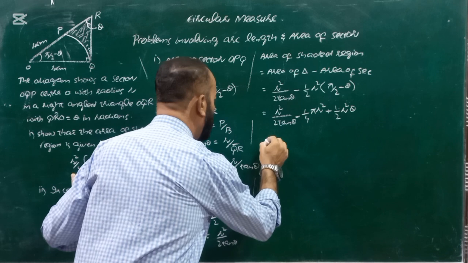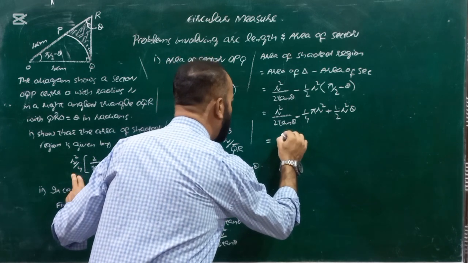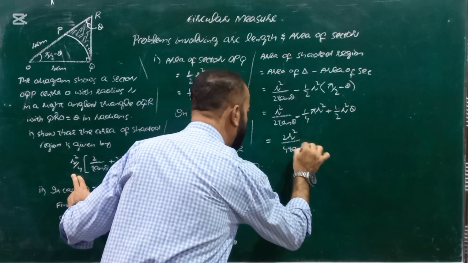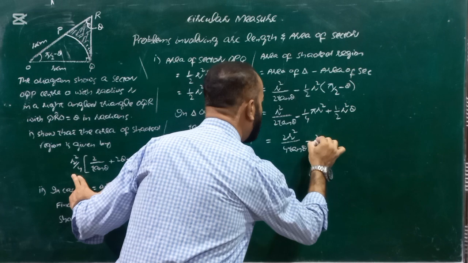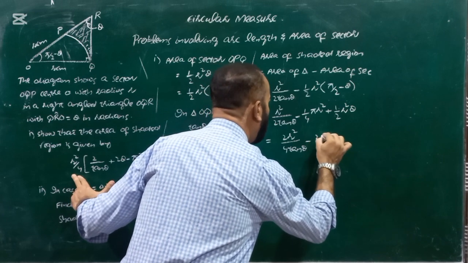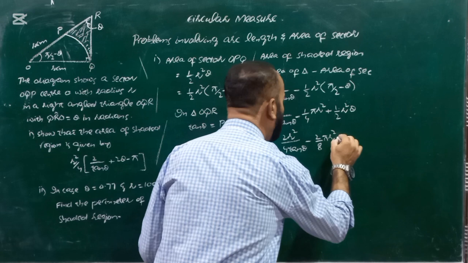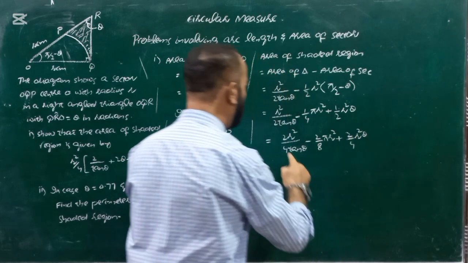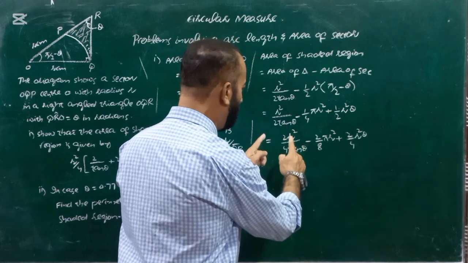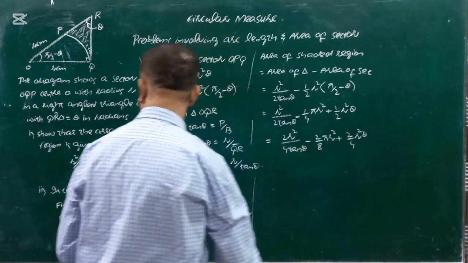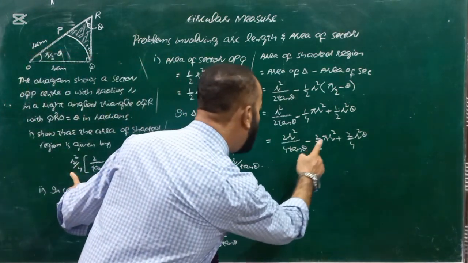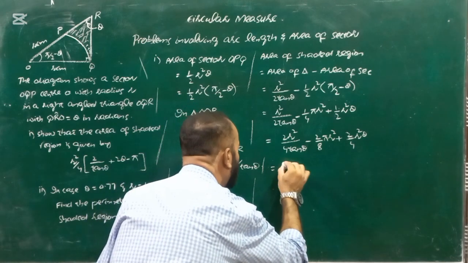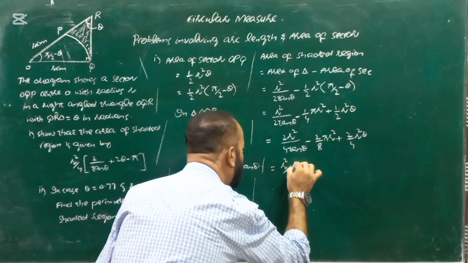Multiply and divide the full equation by 2. So it will become 2 r square over 4 tan theta minus 2 over 8 pi r square plus 2 over 4 r square theta. So we have multiplied and divided the full step by 2. So we can take r square over 4 common now, because r square over 4 is there with every term.